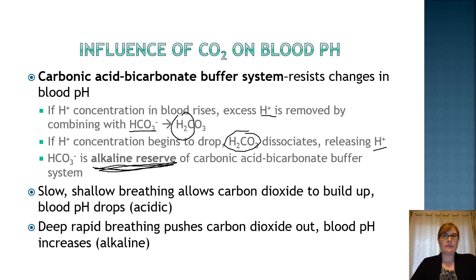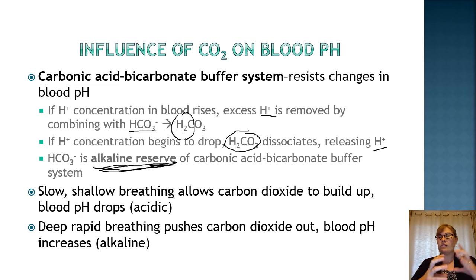Other things have an influence on carbon dioxide and pH, or really pH. If breathing is slow and shallow, this allows carbon dioxide to build up in the bloodstream, and it's going to lead the blood pH to drop and become more acidic. Our body has ways of trying to buffer and compensate for that. Deep, rapid breathing pushes carbon dioxide out, and blood pH can increase too much and become more alkaline.